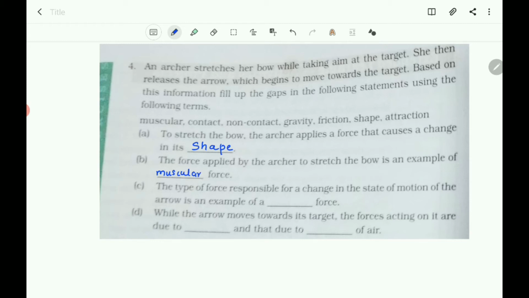And the type of force responsible for a change in the state of motion of the arrow is an example of blank. Here there is contact, so you can take that the type of force is contact force.